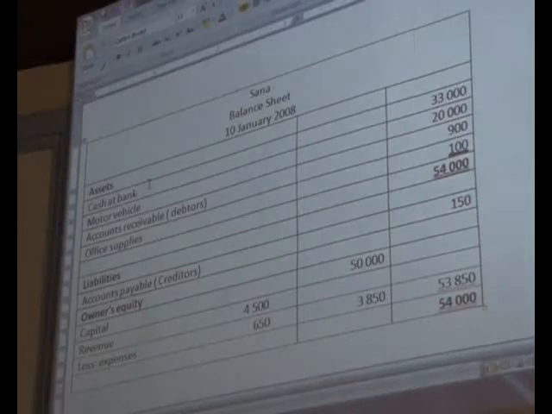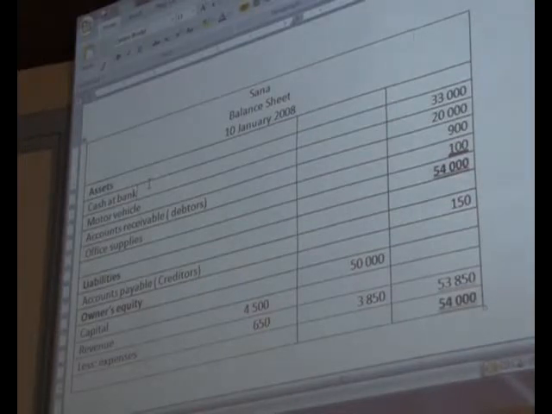Both are the same, acceptable. This one is more acceptable. So here again assets, liabilities and owner's equity with additional items. So if you list down the transactions or analyze transactions in the accounting equation format, then we can have a balance sheet.